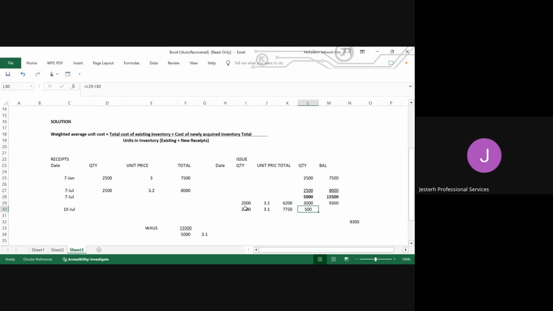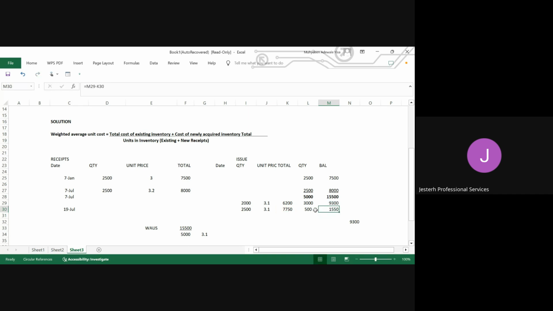Remember the two approaches, but the simple one, I'll just say this: the value of what they have before the issue, minus the value of what they issue out now.